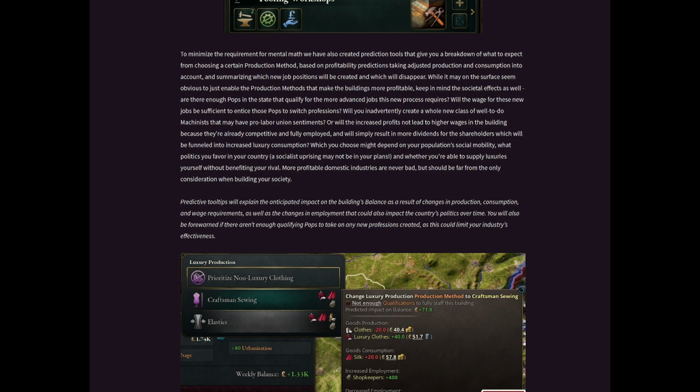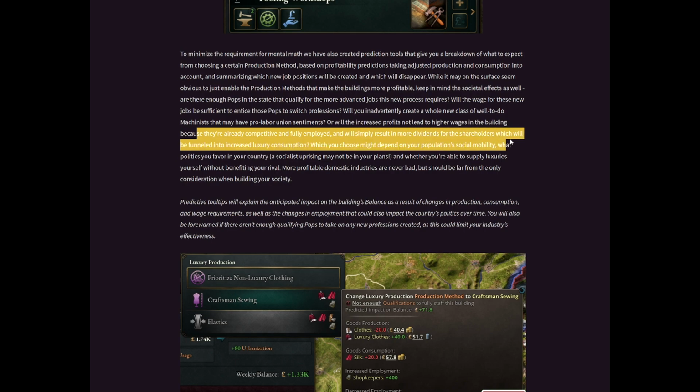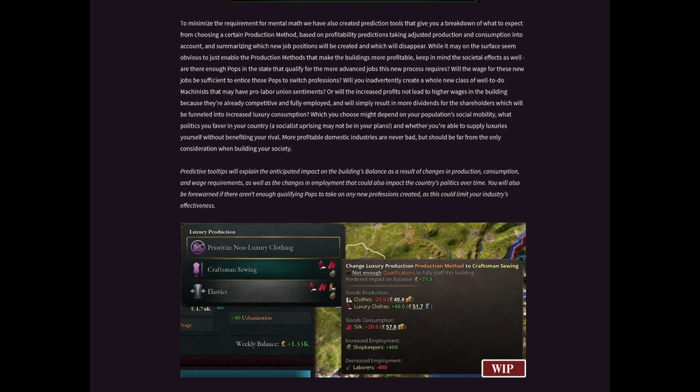Oh no. Or will the increased profits not lead to higher wages in the building because they're already competitive and fully employed, and will simply result in more dividends for the shareholders, which will be funneled into increased luxury consumption? So, which you choose might depend on the population's social mobility, what politics you favor. A socialist uprising may not be in the plans, and whether you're able to supply luxuries yourself without benefiting your rival.